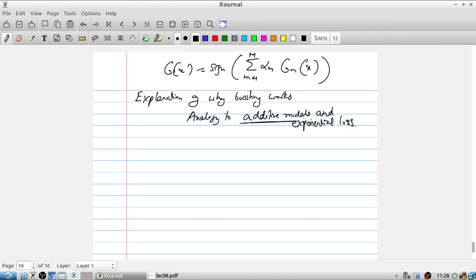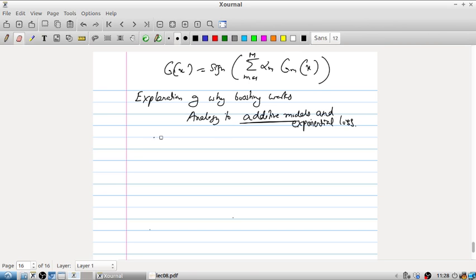GAMs, which were just saying that instead of a linear beta transpose x, I'm going to have beta naught plus beta 1 times f1 of x1 plus beta 2 times f2 of x2 and so on, right? So I guess it's not directly related to additive models.